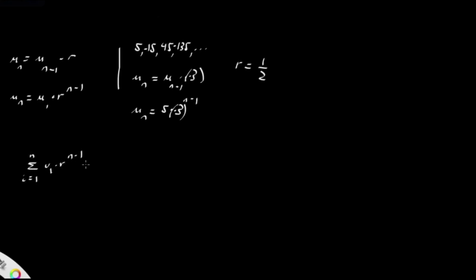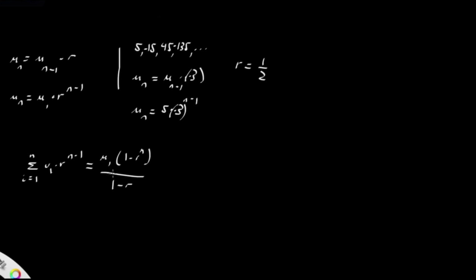When n is finite, this can be written as u_1 times 1 minus r to the power of n, divided by 1 minus r. So this is the sum of the geometric series when the sequence is finite, meaning it has n numbers and doesn't go on infinitely.